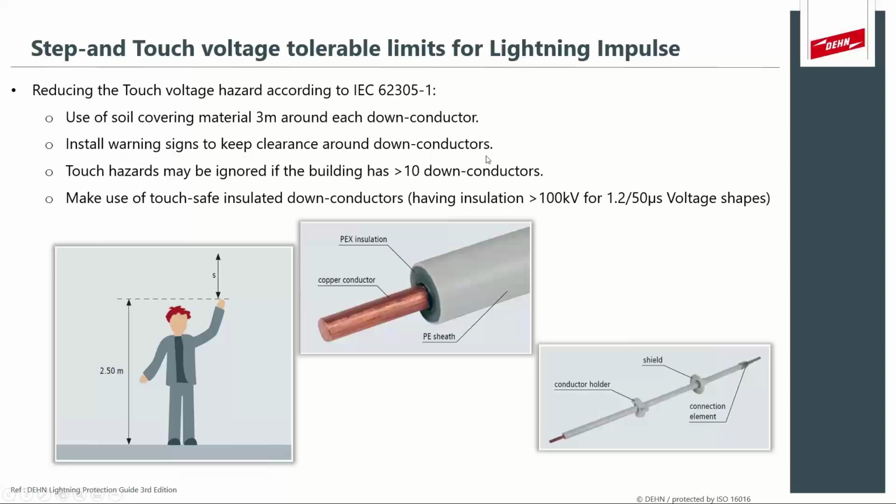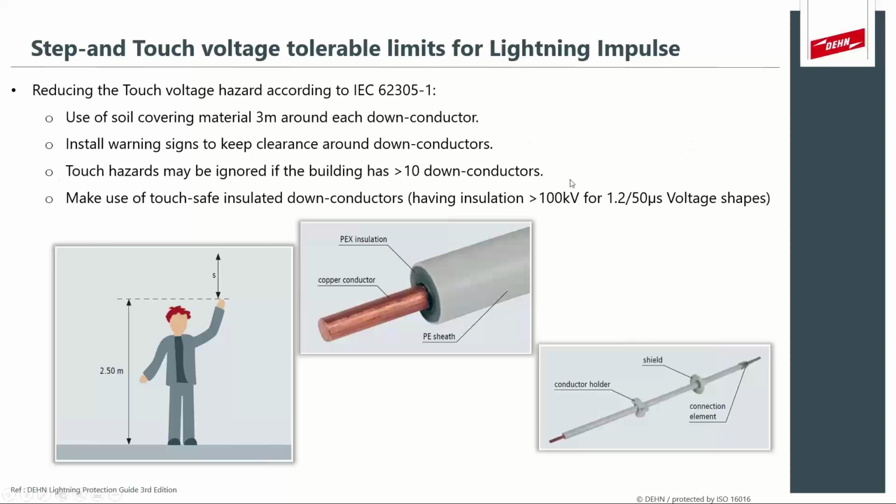Install warning signs that people must not touch down conductors during lightning storms. The standard also says that touch voltage hazards may be ignored if the building has more than 10 down conductors, because the lightning current dispersion through more than 10 down conductors would be so much that each down conductor would not carry sufficient current to actually cause touch voltages.